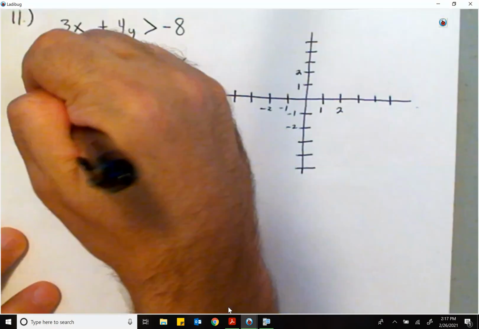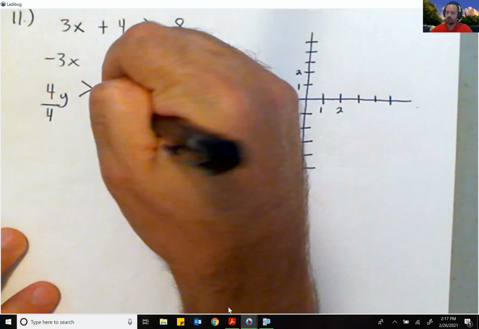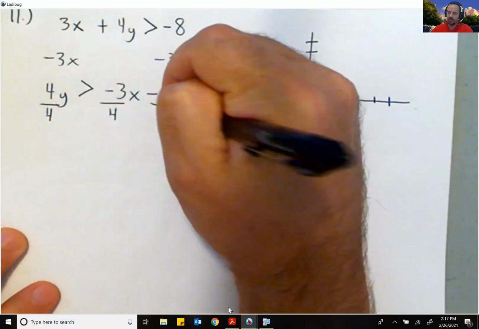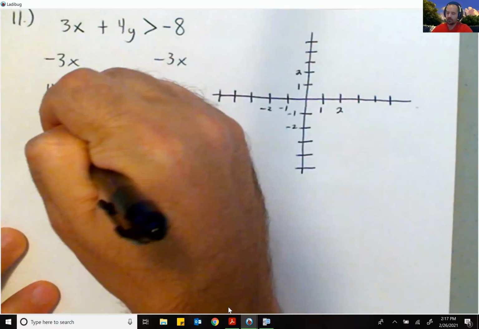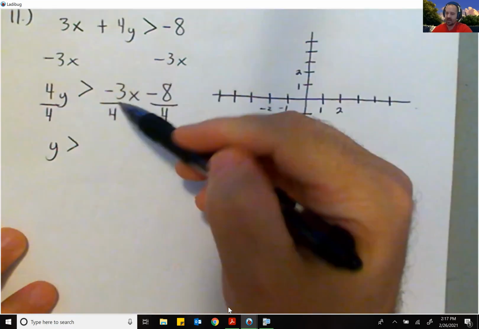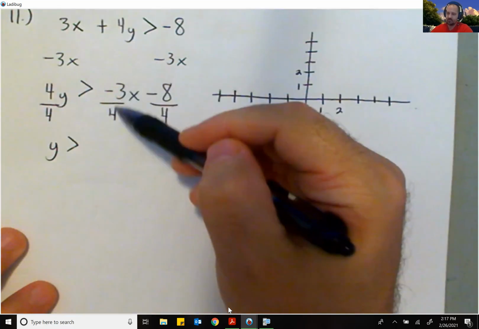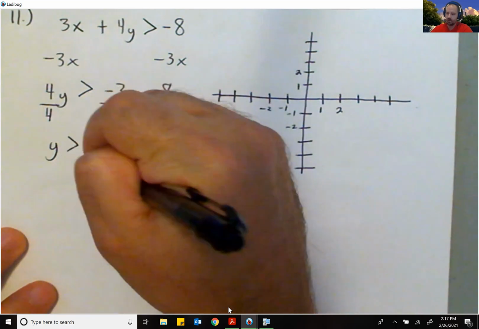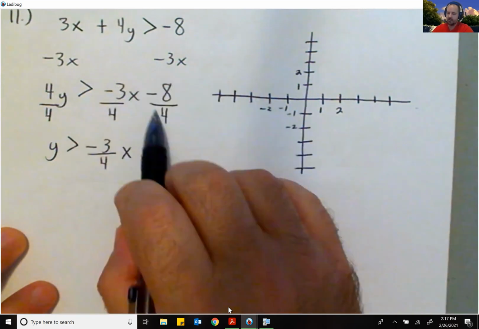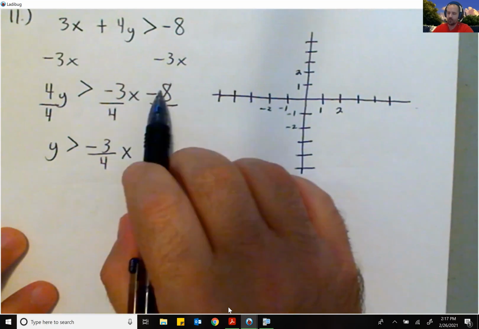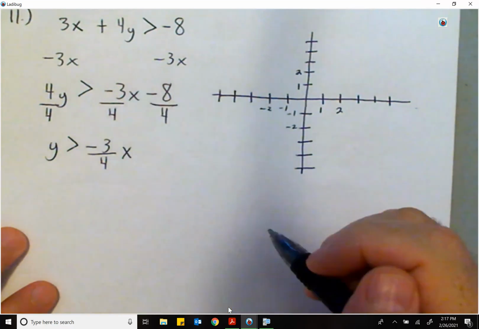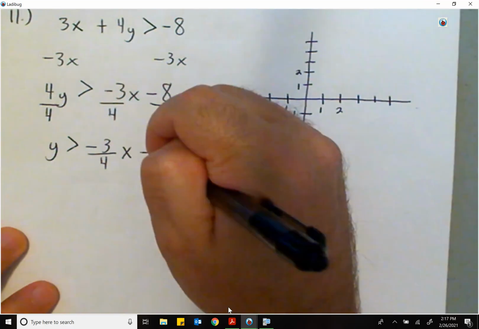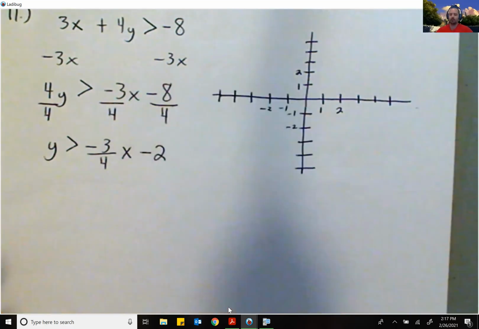So we're going to divide each number by 4. So we got y greater than, that's going to stay because that does not reduce any, negative 3 over 4x. And then right here, what is negative 8 divided by 4? Negative 2. So there's our equation that we want to graph.